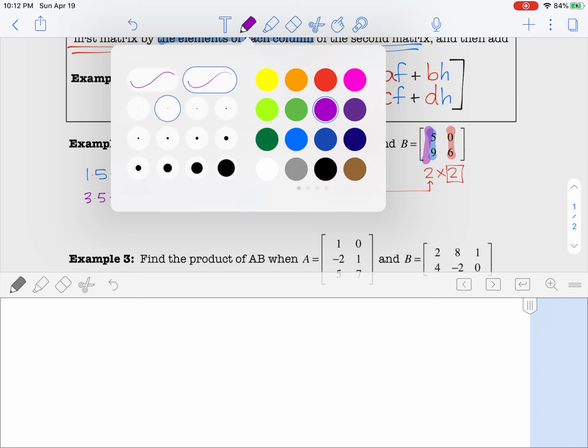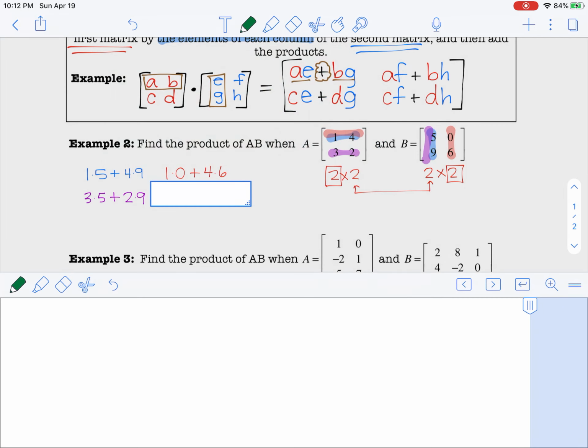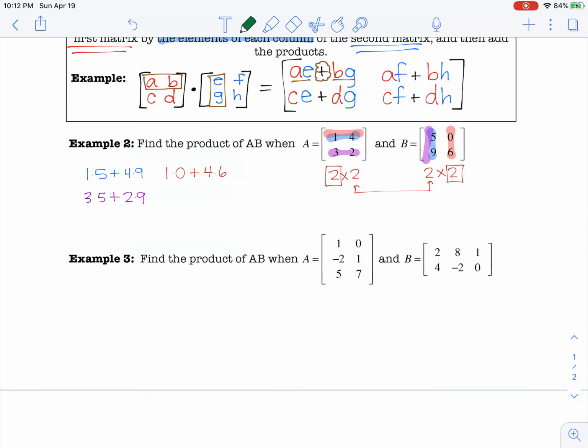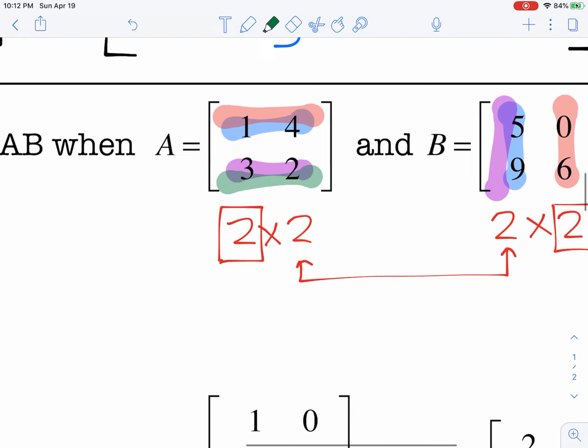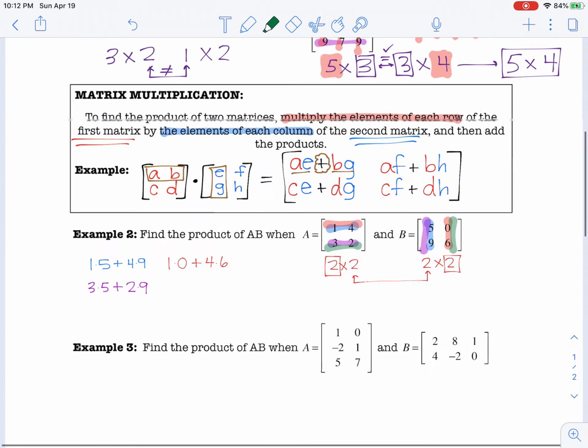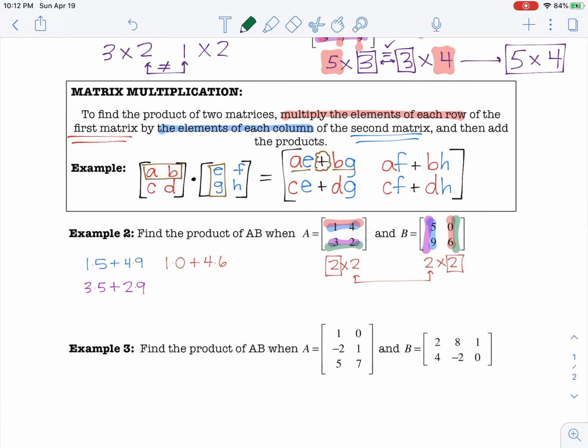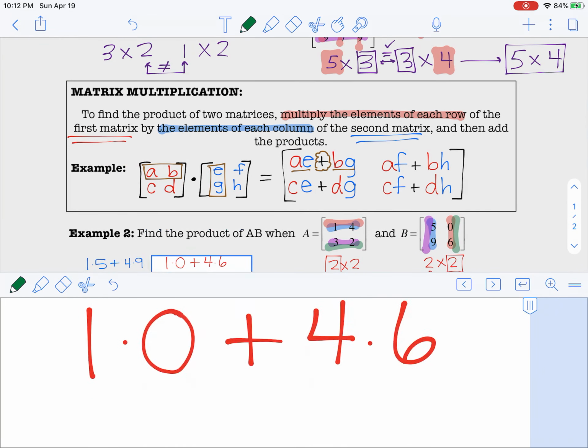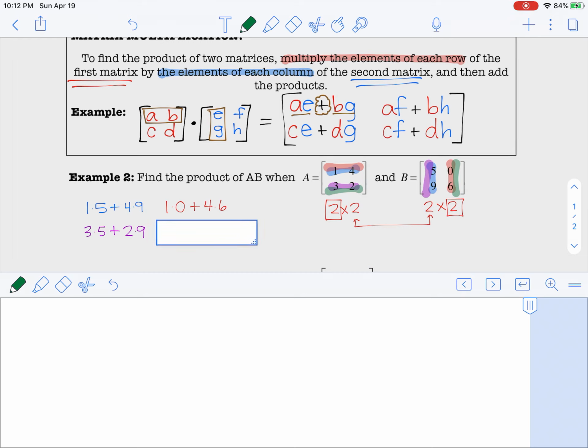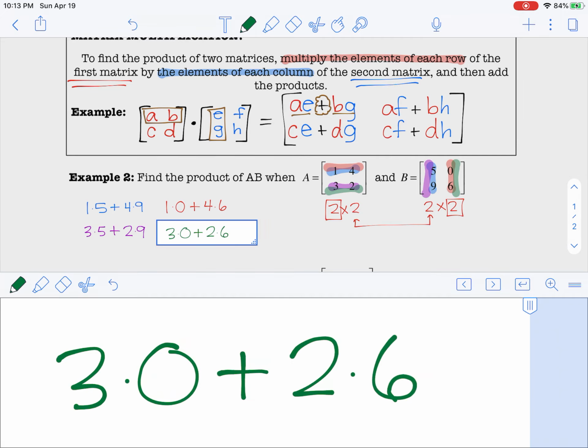And then last but not least, we're going to go second column, second row, which gives us 3 times 0 plus 2 times 6.